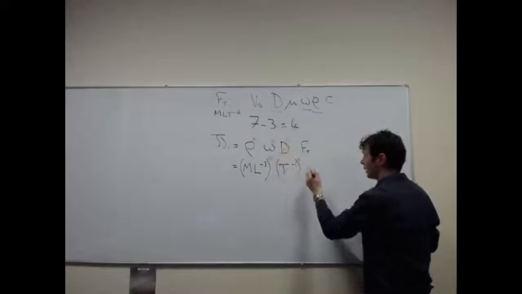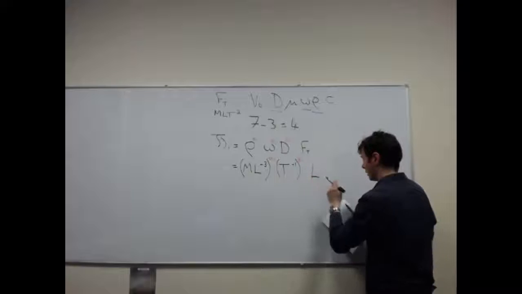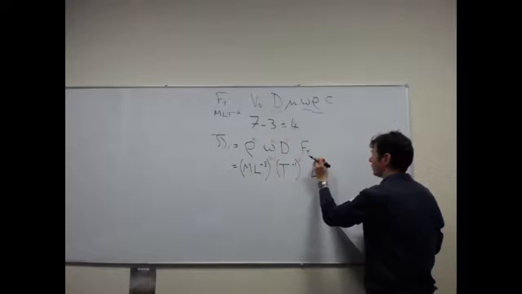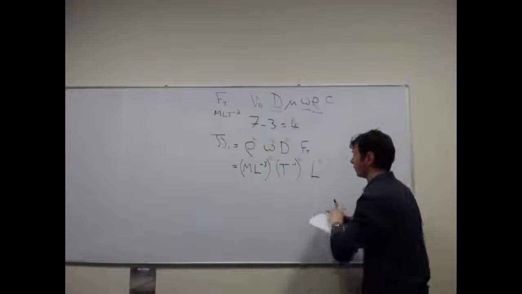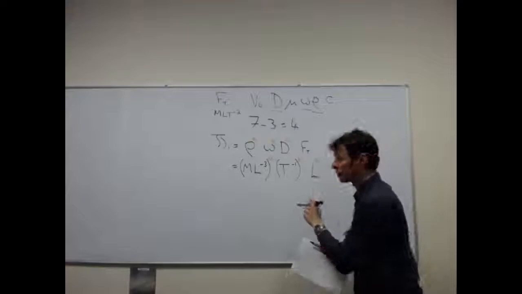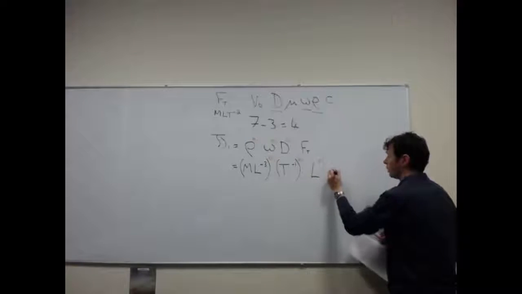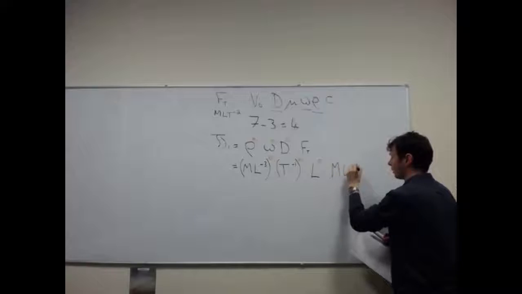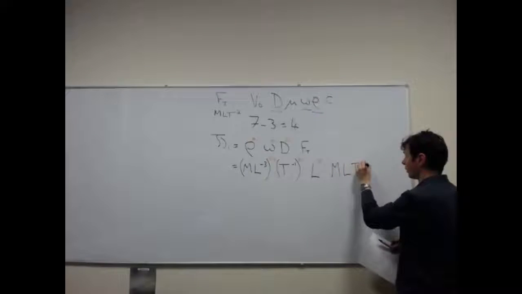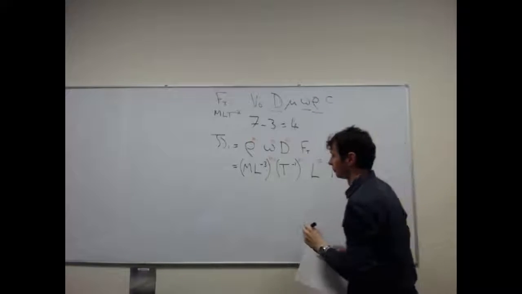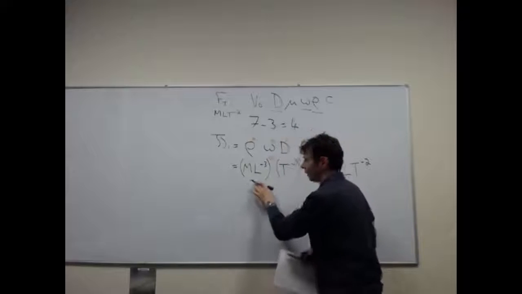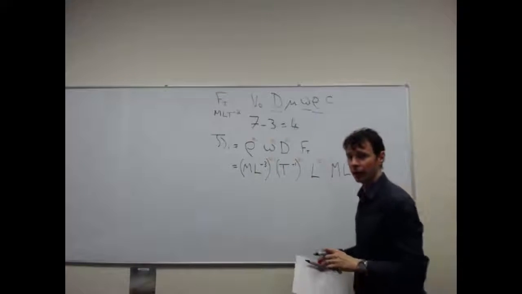And then D is length, so that's length to the power of C1. And then finally the dimensions for the force, so mass, length, time to the minus 2. Take care with that and take care with the next step.